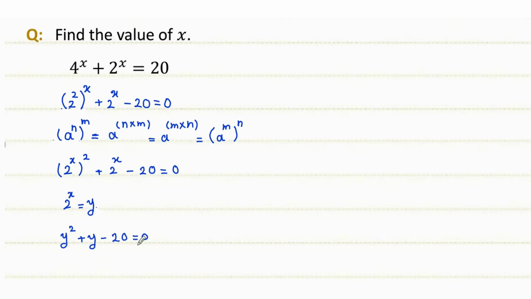So now we have a quadratic equation and we can use different methods to solve it. For example, we can use the quadratic formula or the factoring method. If you want to solve this equation faster, then I suggest using the factoring method.